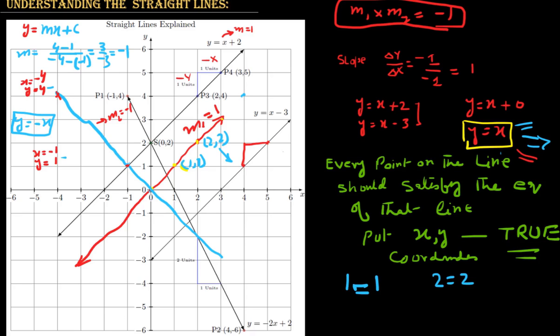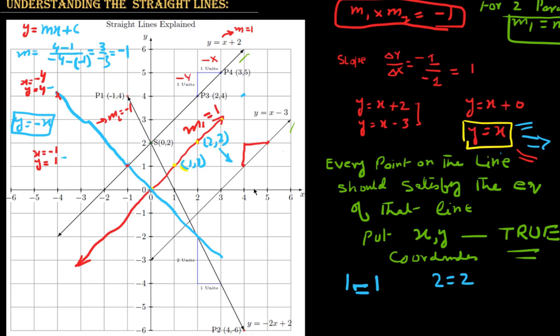Like in parallel lines, I can say for two parallel lines, m1 equals m2, their slopes must be the same. We have checked this already. Here, this line and this line are parallel.